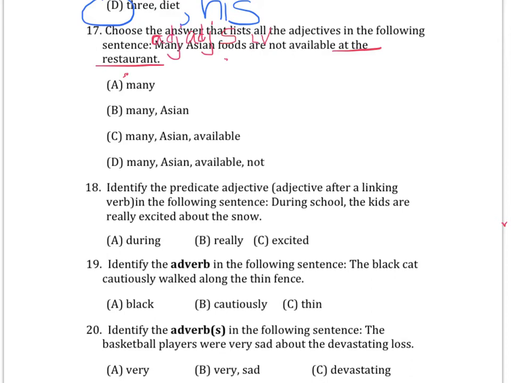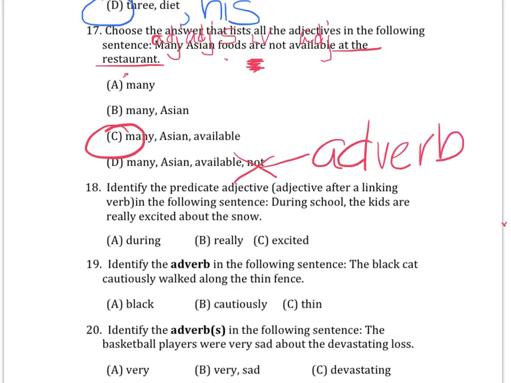Restaurant is a noun. And what other kind of foods? Available foods. Remember, adjectives can come after linking verbs. Available foods, Asian foods, many foods. There are no adjectives describing the restaurant. Therefore, the answer is C. D cannot be the answer because not is not an adjective. Not is always an adverb.